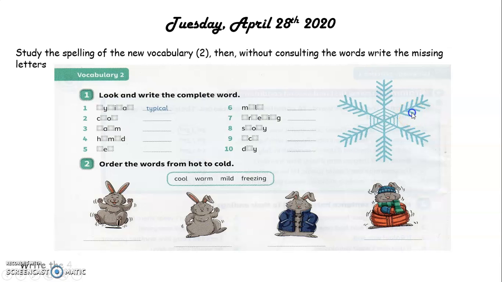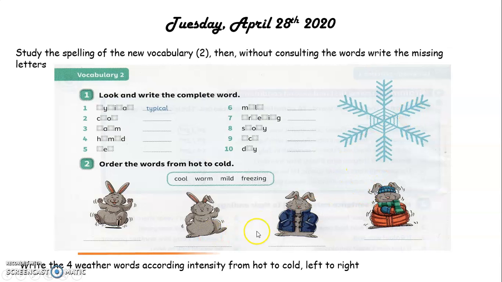In the second activity, we have here 4 bunnies, and what you have to do is to use these words about the weather and write them in order from hot to cold, starting from the left to the right. So here we have the hotter expression, and right here you're going to write the colder expression.